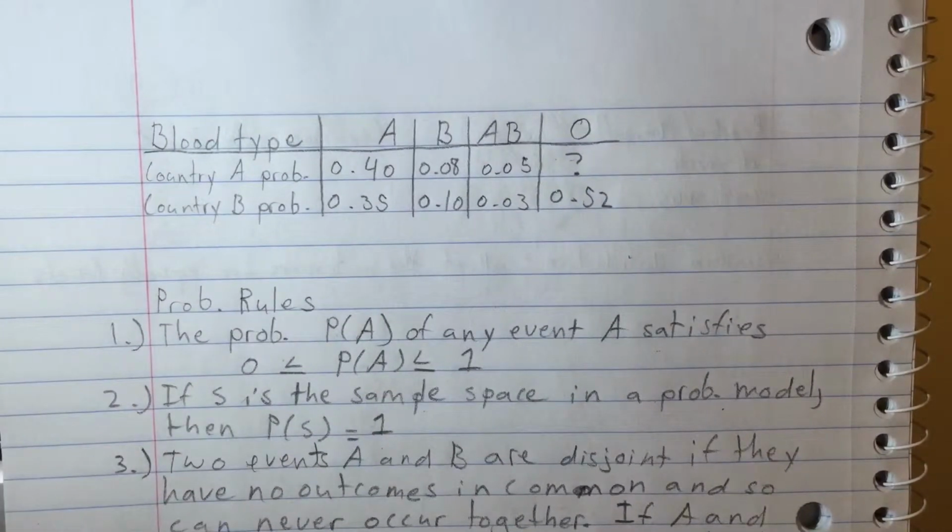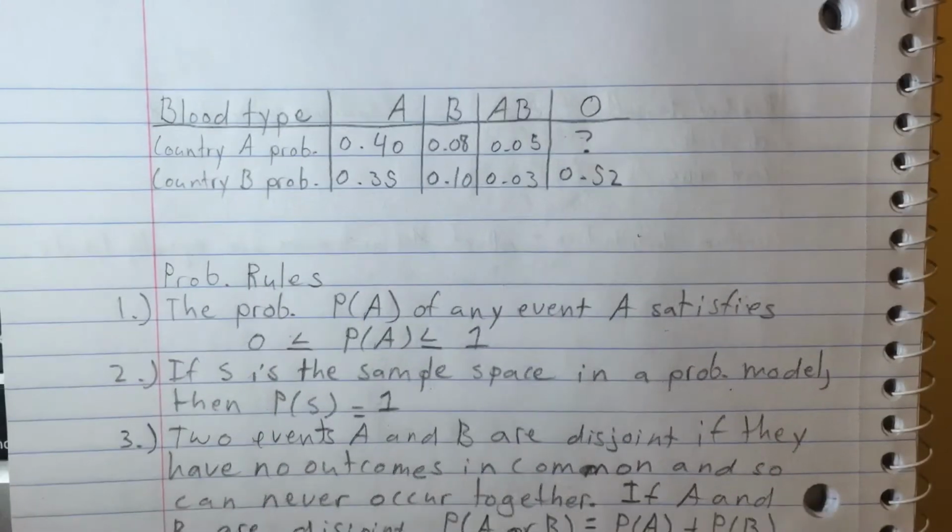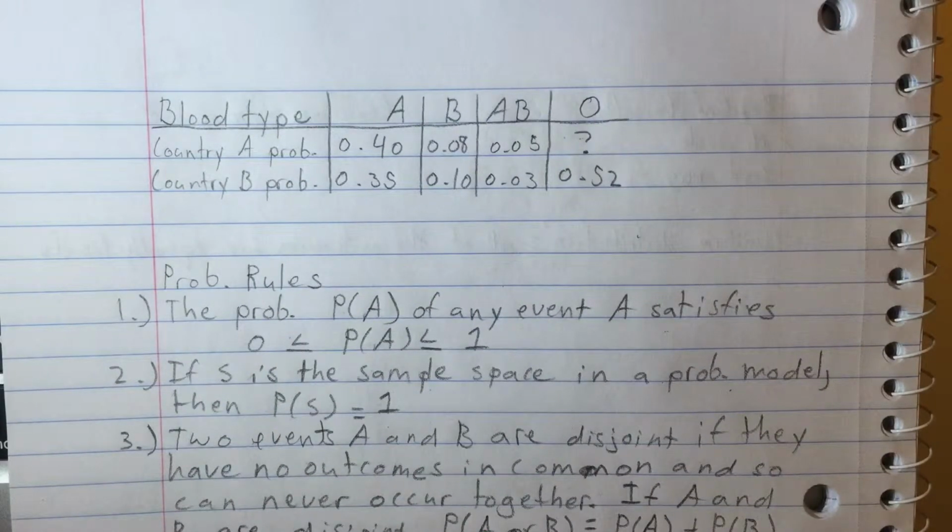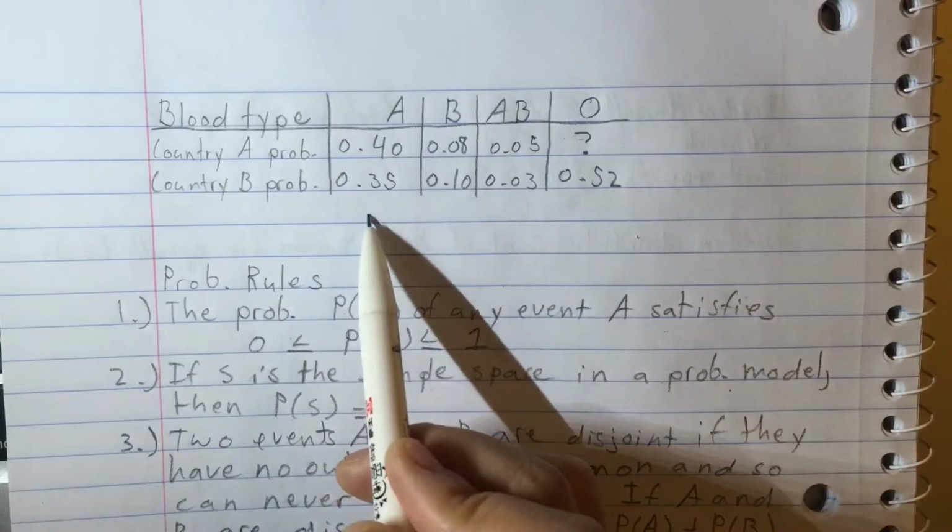Now, going back to the question, I'll repeat it again. Suppose that the distribution of blood types for a randomly chosen person in each of 2 European countries is given as this.